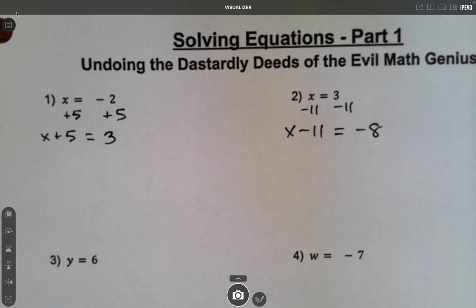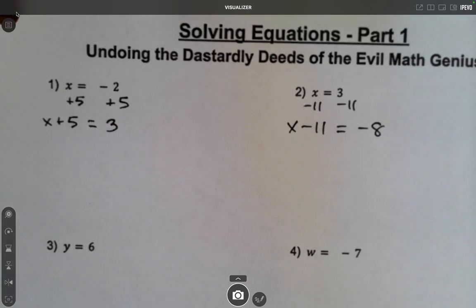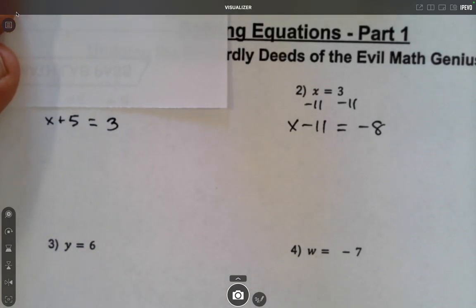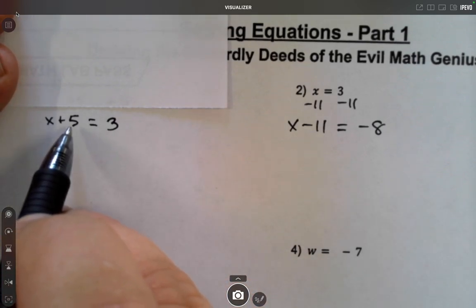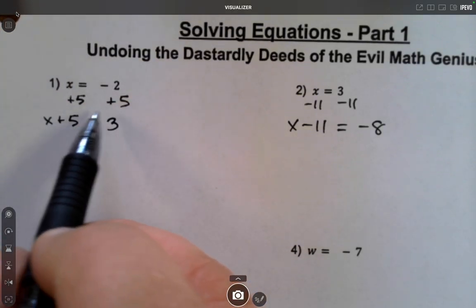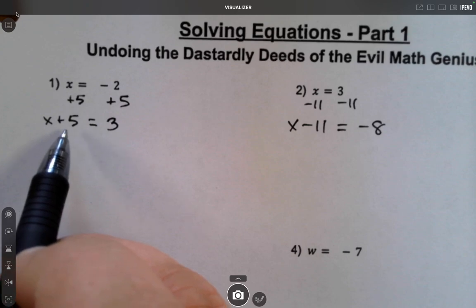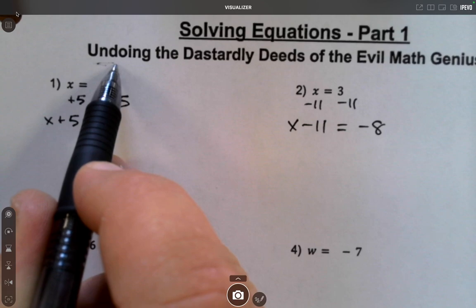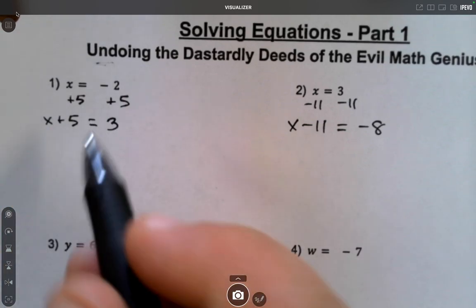All right, thanks, Jacques. So we see how Jacques created the problems. But again, you'll be seeing just the equation, just the problem. So I want to point out to you that to solve the problem and get the answer, we simply have to undo what he did to create the problem. Here's what I mean.